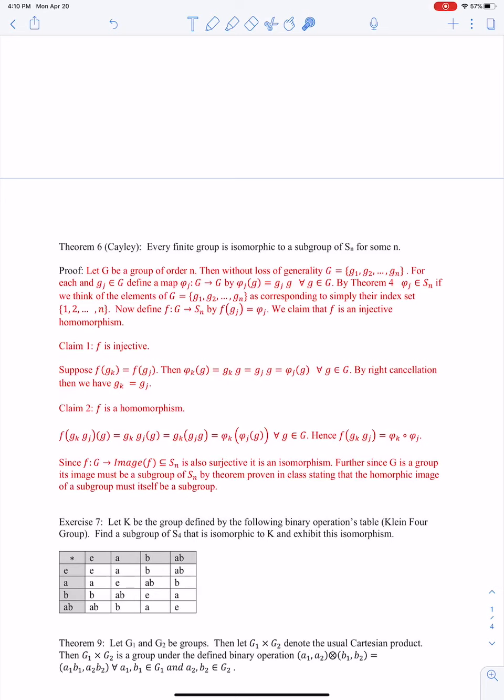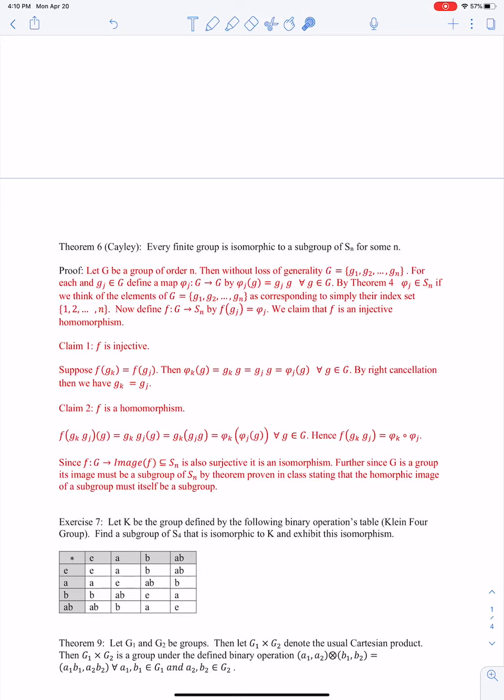Well, but I'm in a group, and I have right cancellation, so I can cancel those g's, and I get g_k equals g_j, and I'm done. I suppose F of one element equals F of another, and I show the elements have to be the same.